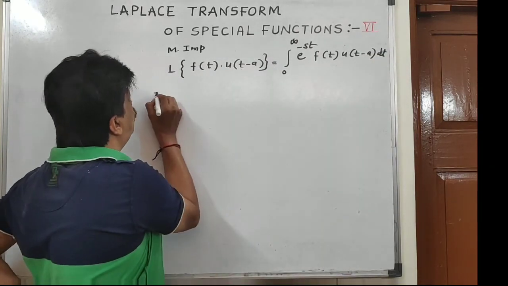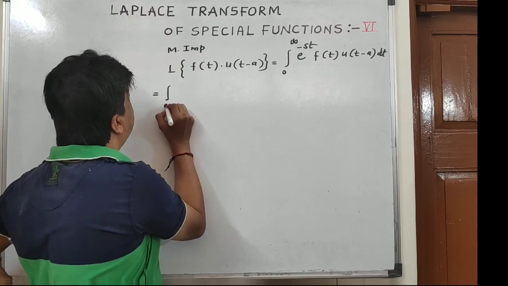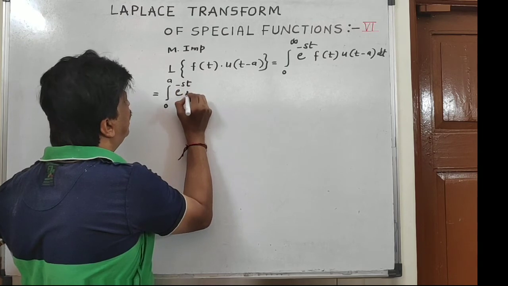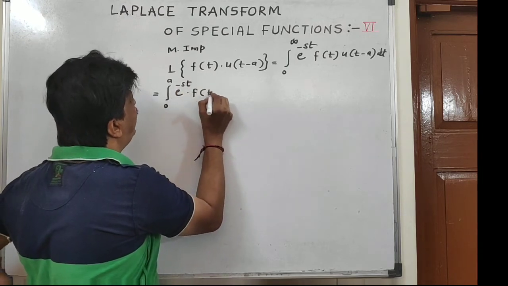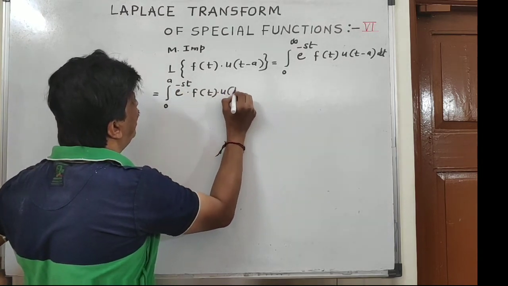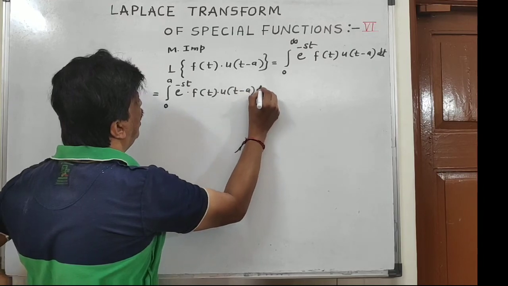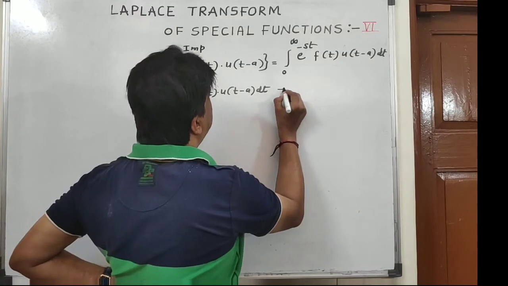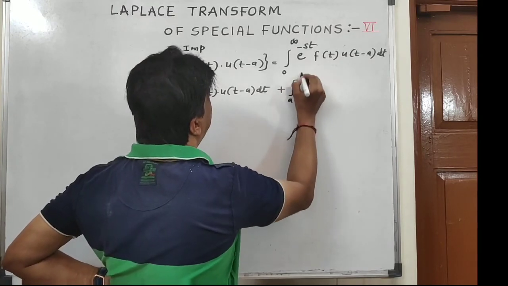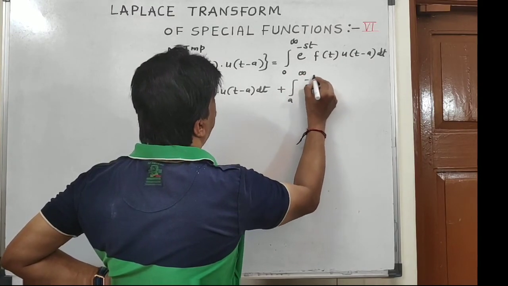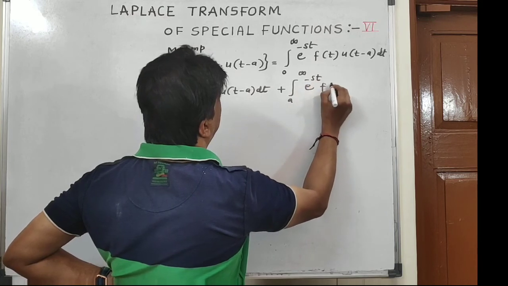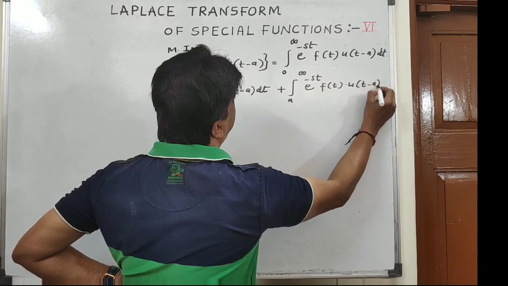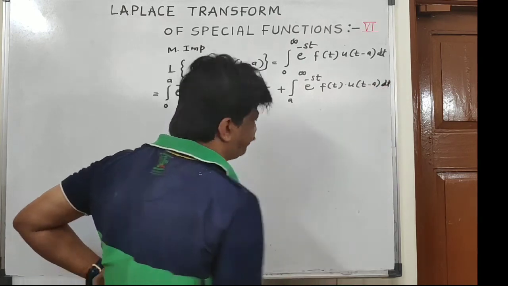This is further equal to integral 0 to a e raised to power minus st into f of t into u of t minus a dt, plus integral a to infinity e raised to power minus st into f of t into u of t minus a dt.